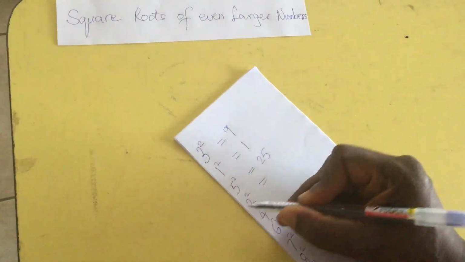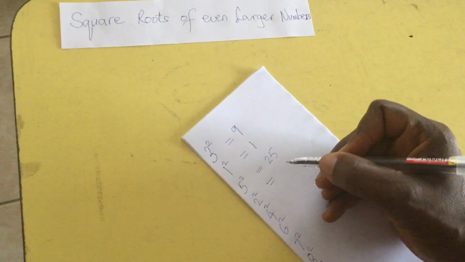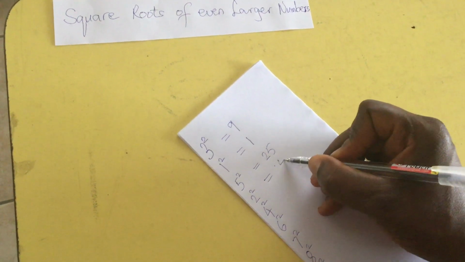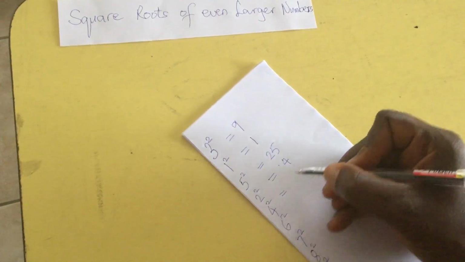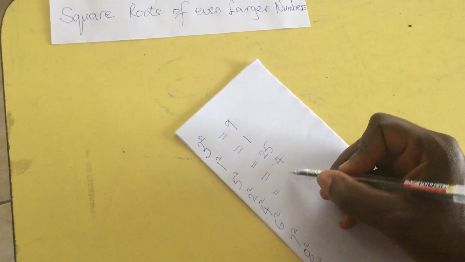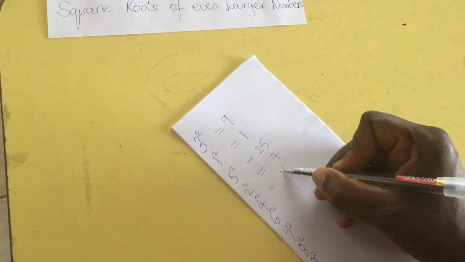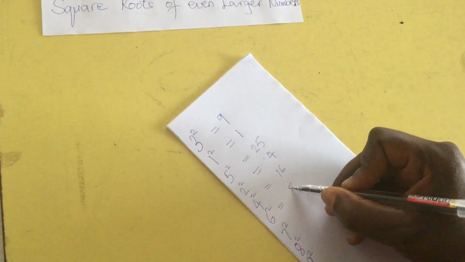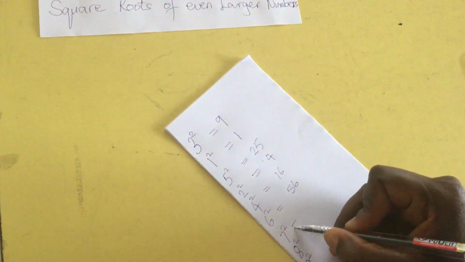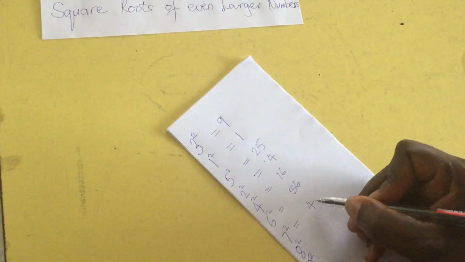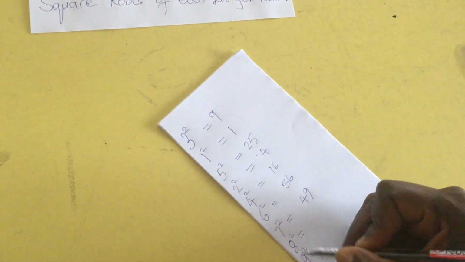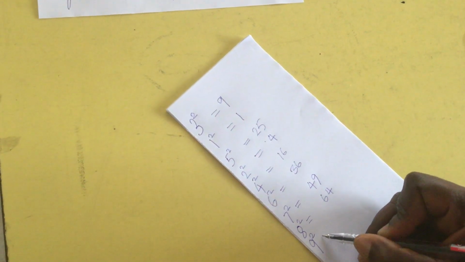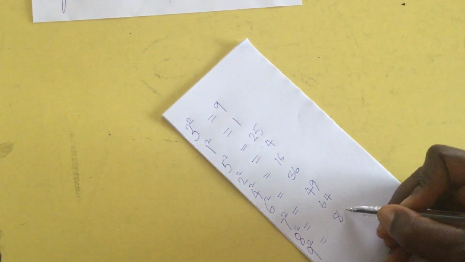What's the square of 2? 4. What about the square of 4? 16. And the square of 6? 36. Square of 7? 49. What about square of 8? 64. And square of 9? 81.